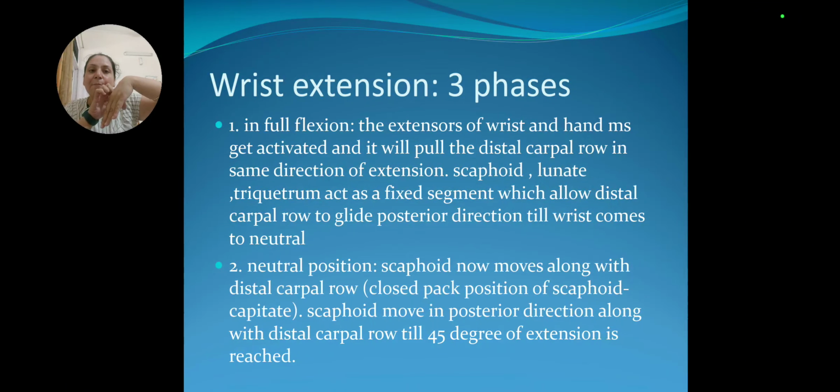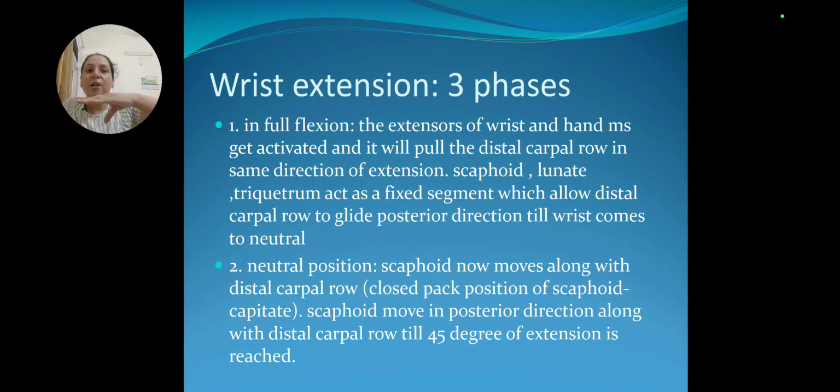This is the distal carpal row, and it pulls it in the direction of extension, that is, dorsally, or posteriorly. It moves in the same direction as the wrist extensors are pulling, so they move the distal row in the same direction.